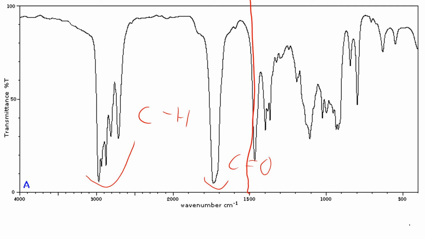A big difference between mass spectroscopy and infrared spectroscopy is that in mass spectroscopy, if you don't see a peak, that doesn't really tell you anything. In infrared spectroscopy, if you don't see a peak, that does tell you something.